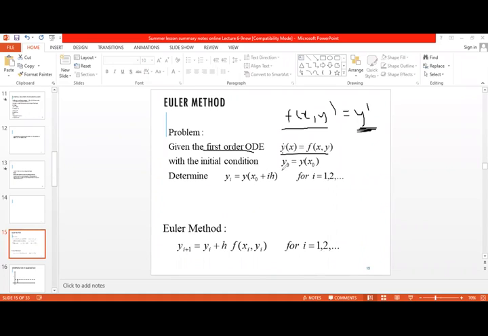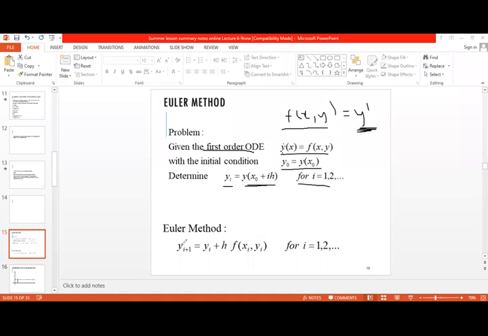Good. And then you are also given initial conditions. y naught will be written as y at x naught. And then we'll be asked to find the value yi, or the solution yi, at various points, which we'll demonstrate graphically in the next slide, for i equals 1, 2, 3, 4, and so on.